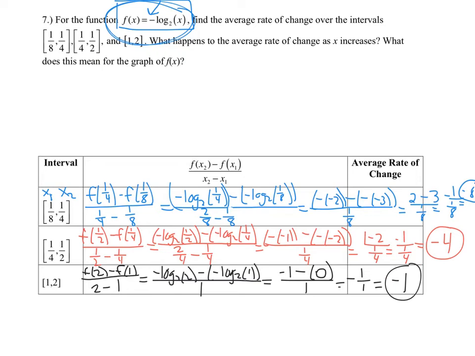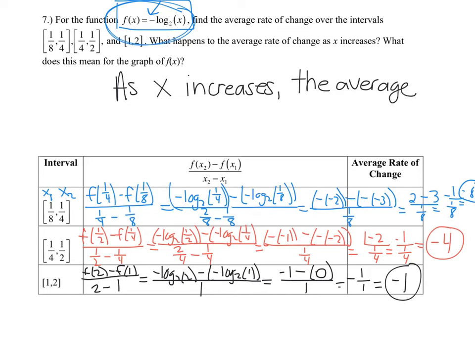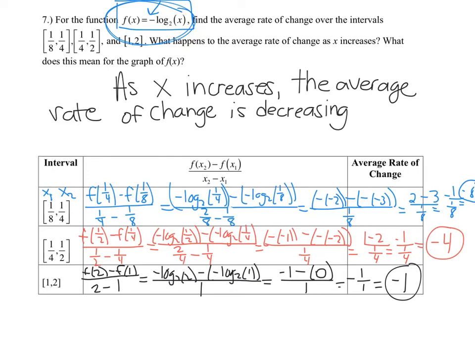So as x increases, the average rate of change is decreasing by half. If you think about just the numbers, the 8, the 4, the 2, the 1, or if you think about it in terms of negative, it's decreasing less and less, and it's approaching the horizontal line.